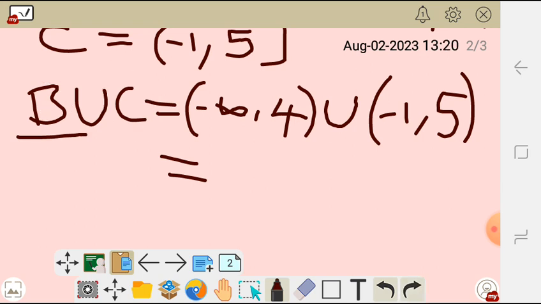It includes all the elements which are in these two sets. So what are we going to do? We start with the smallest number. The smallest number here will be negative infinity, because this one is going in the negative direction.